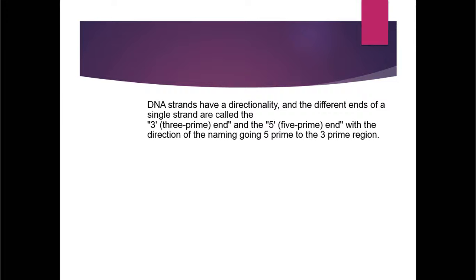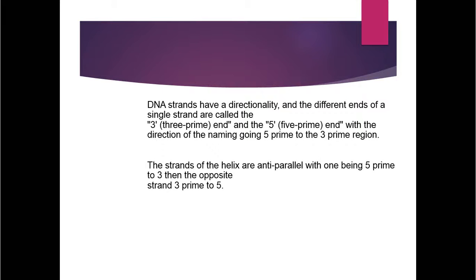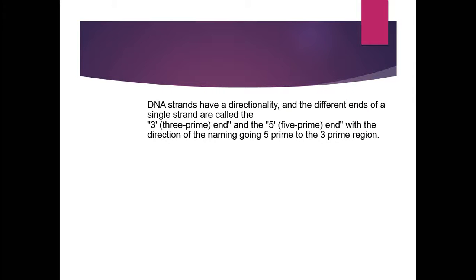The DNA strand has directionality, and the different ends of a single strand are called the 3' end and the 5' end, with the direction of naming going from 5' to 3'. The strands of the helix are antiparallel, with one being 5' to 3', then the opposite strand 3' to 5'.